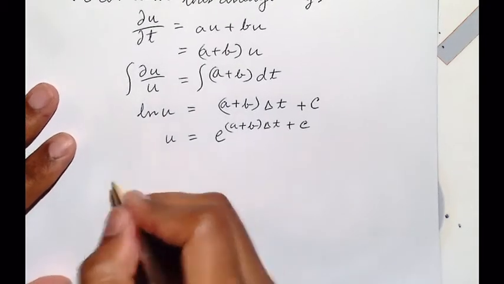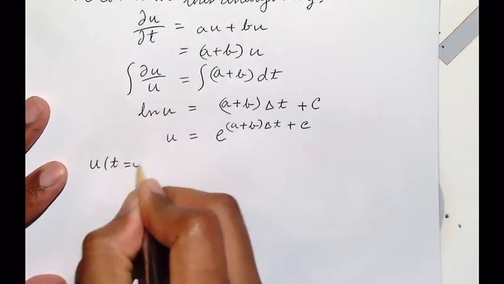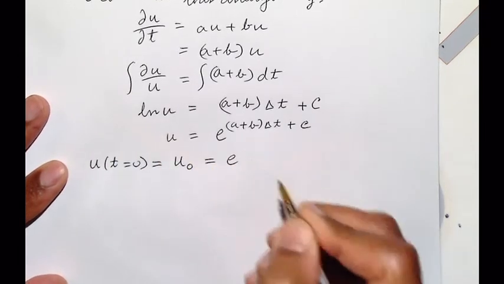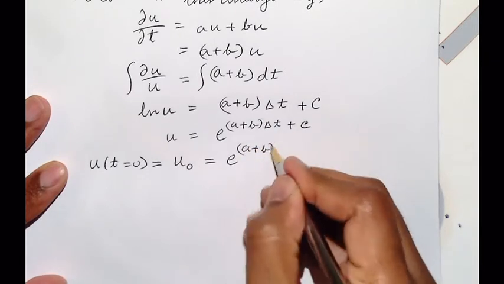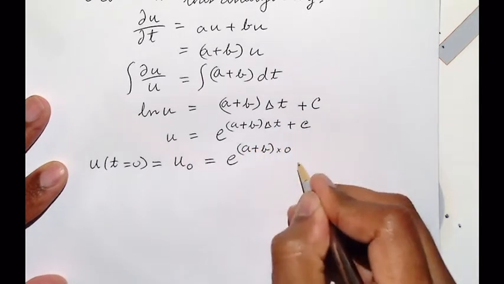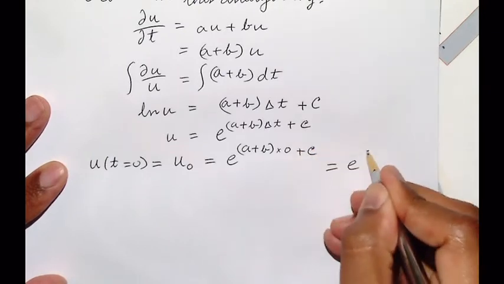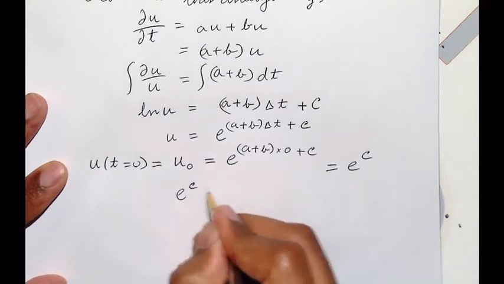So let's see. Initial condition is u at t equals 0, we are told, is equal to u naught, which should be a plus b times 0 plus c. So it's basically e to the c. Okay, so e to the c is u naught.